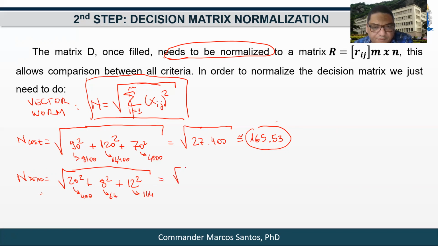So we have the square root of 608, approximately 24.56. Okay.